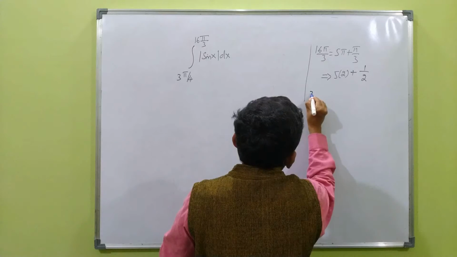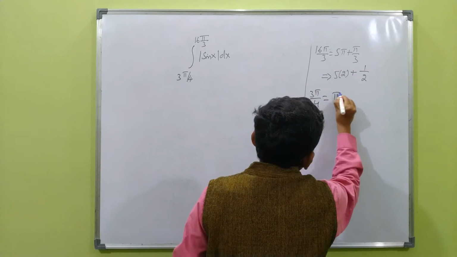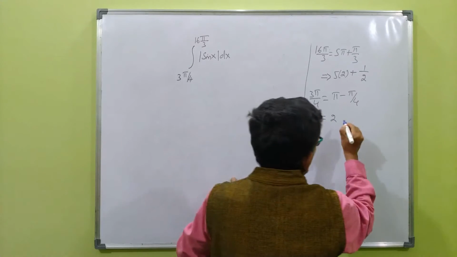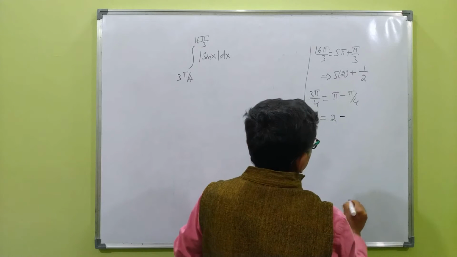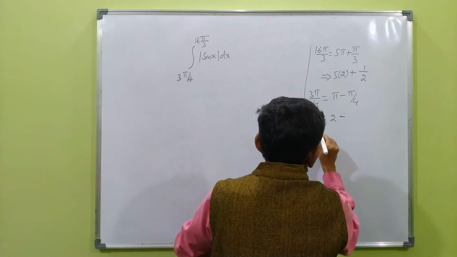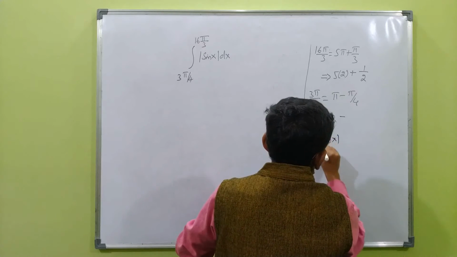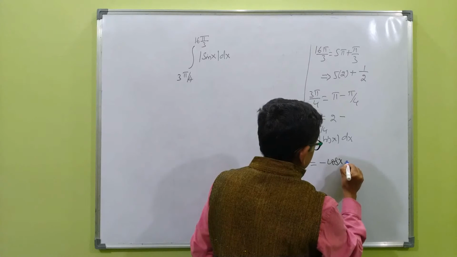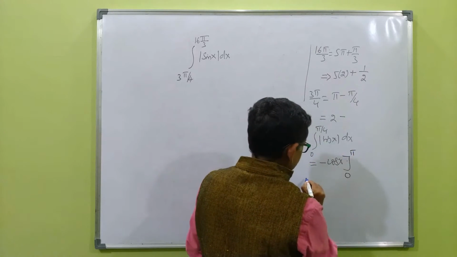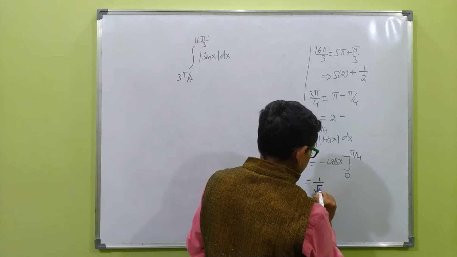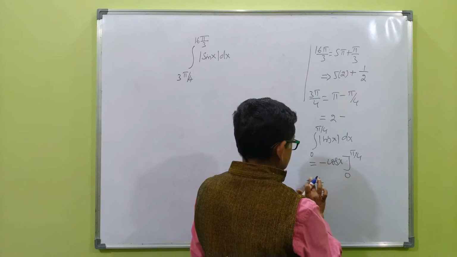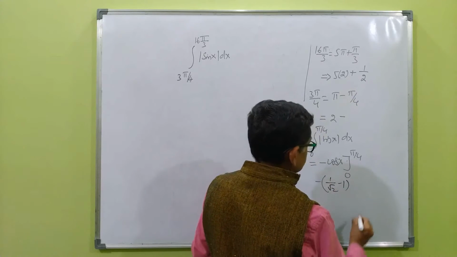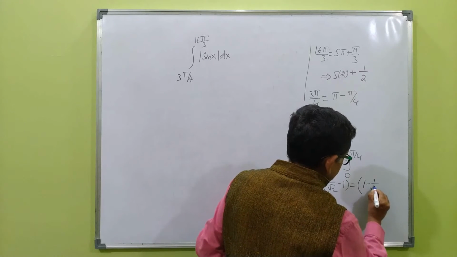Okay, 3π/4 can be written as π minus π/4. So π minus π/4 is, this will be cos of, because the integral from 0 to π/4 of sin x dx is equal to, isn't it, minus cos x from 0 to π/4, that is 1 by root 2 minus 1, or this is 1 minus 1 by root 2.